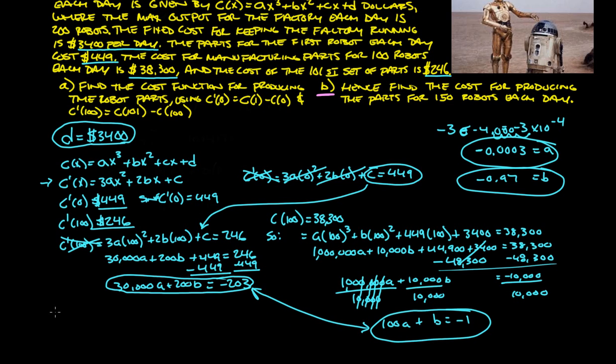All right. So what we're going to do now is the cost of 150. We're going to plug in to our original formula right up here, ax cubed plus bx squared plus cx plus d.